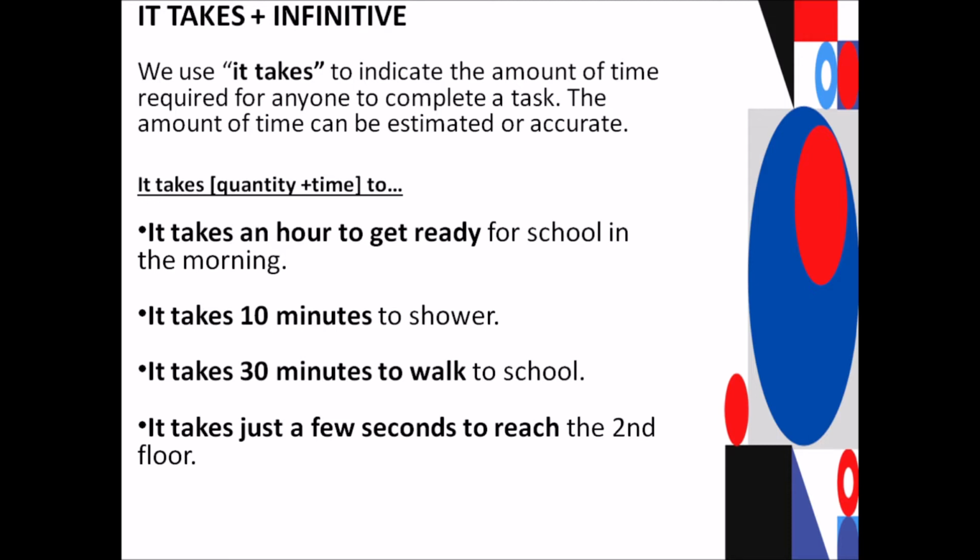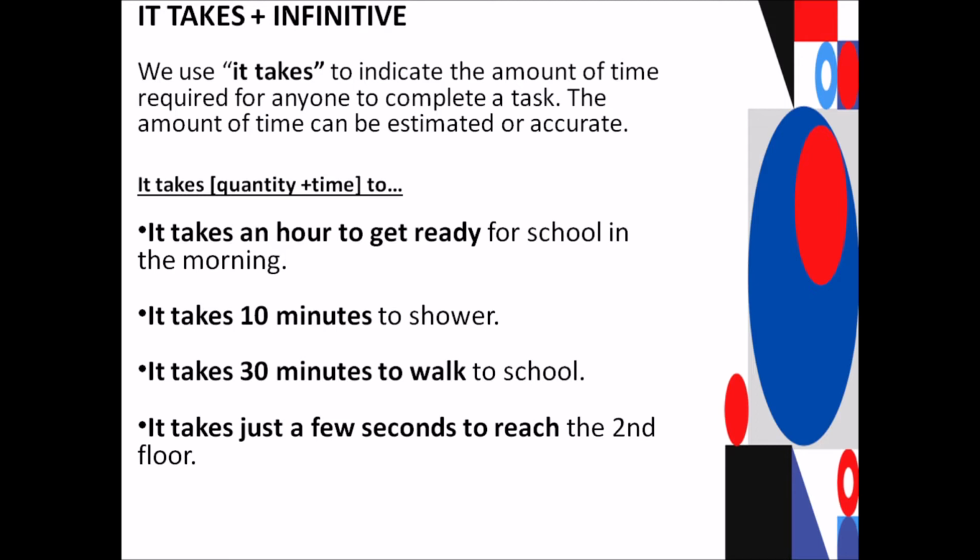So I know that everyone will be 10 minutes in the shower, and after 10 minutes, everyone is done. Note that when I use this specific way of "it takes," I'm talking about anyone, okay? Anyone can do it. So it's easy.